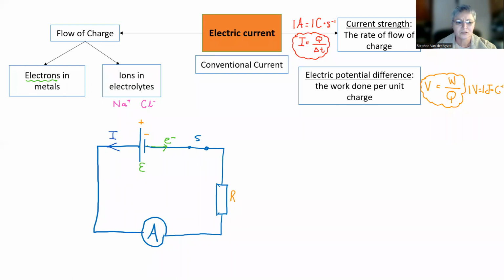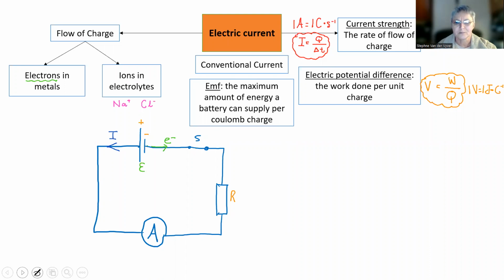Next, I'd like us to look at the definition of EMF. EMF is the maximum amount of energy that a battery can supply, and you would be able to measure it if the switch in the circuit is open, and we use a voltmeter across the terminals of the battery.